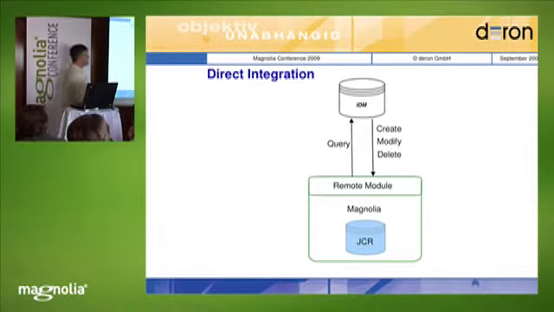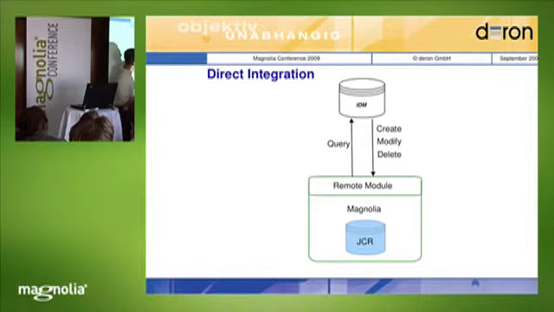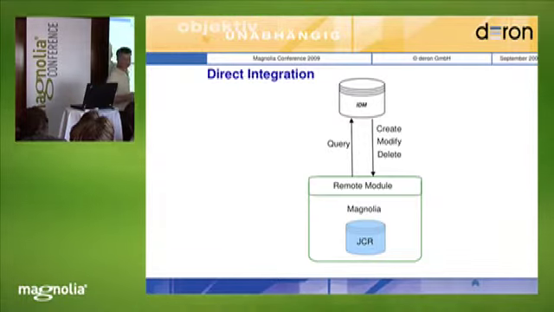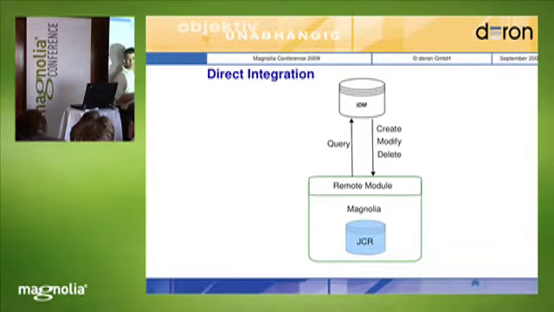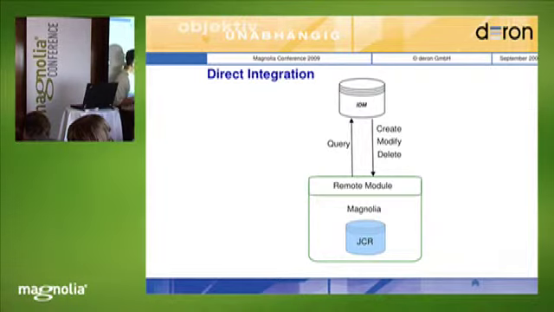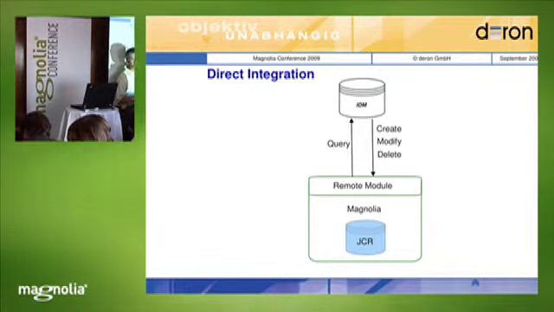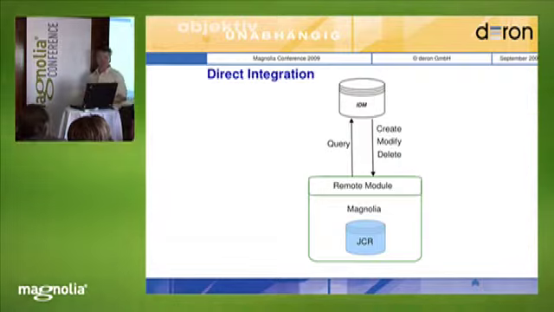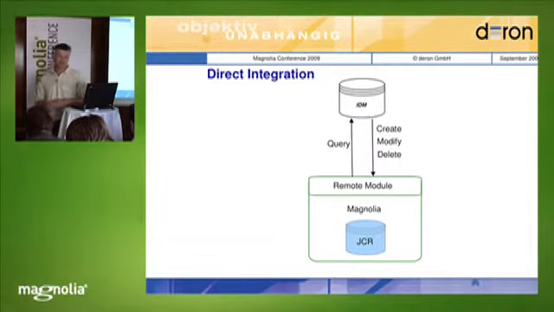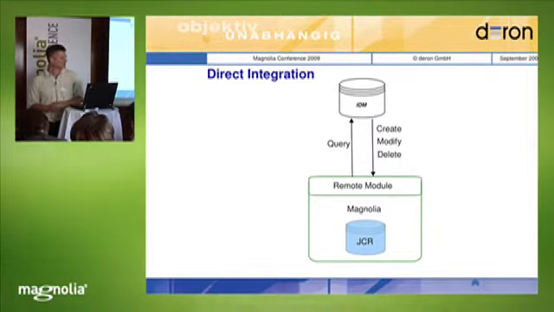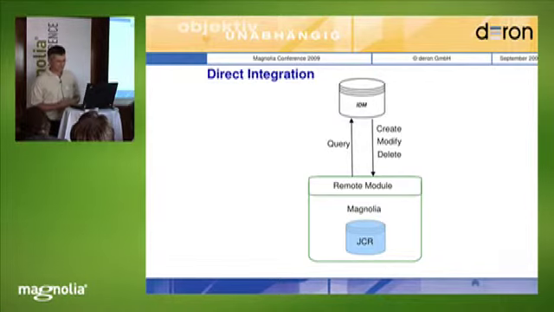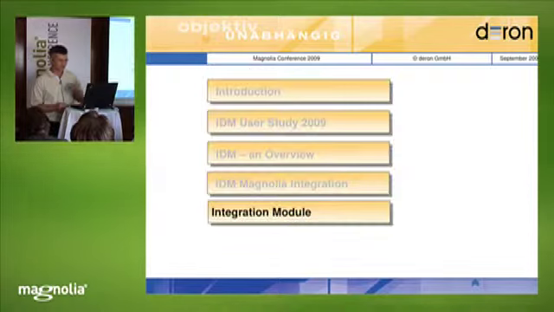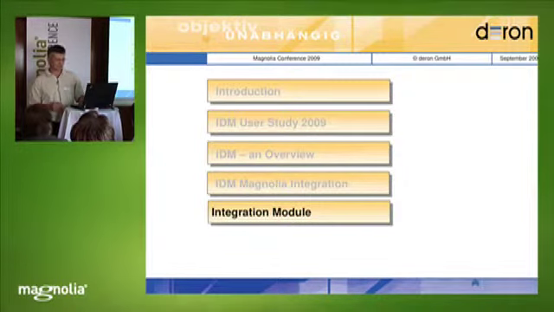And the idea is that the identity management can query the remote module and get information back, and can use this remote module to create, modify, and delete information in the Magnolia store. So, okay, if you want to do this, what do you have to do? Let's think about this integration module.